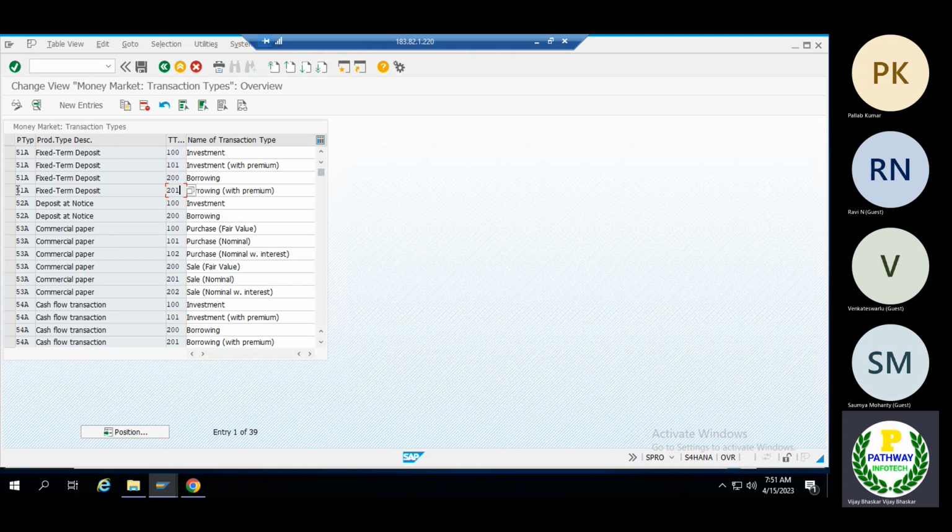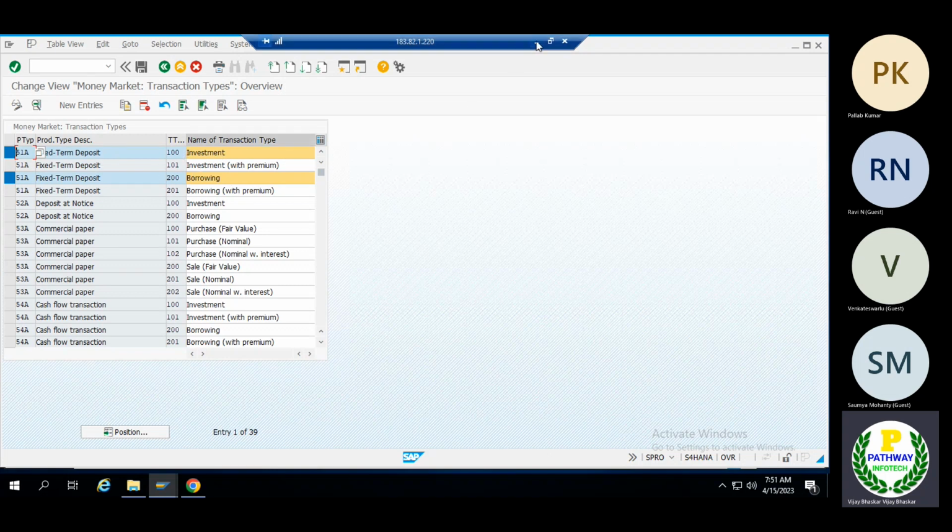What is the meaning of this? The meaning is that with product type 51A, either I can do the investment or I can go for the borrowing. You just understand the logic here.